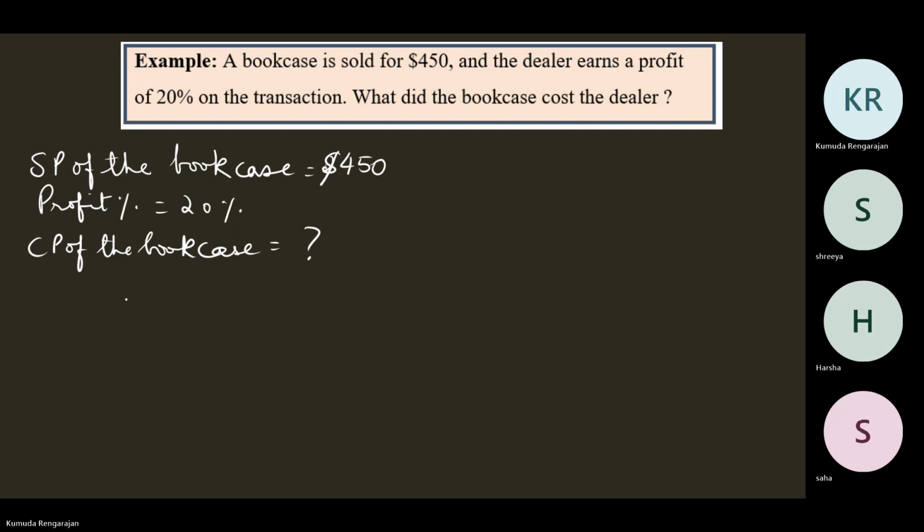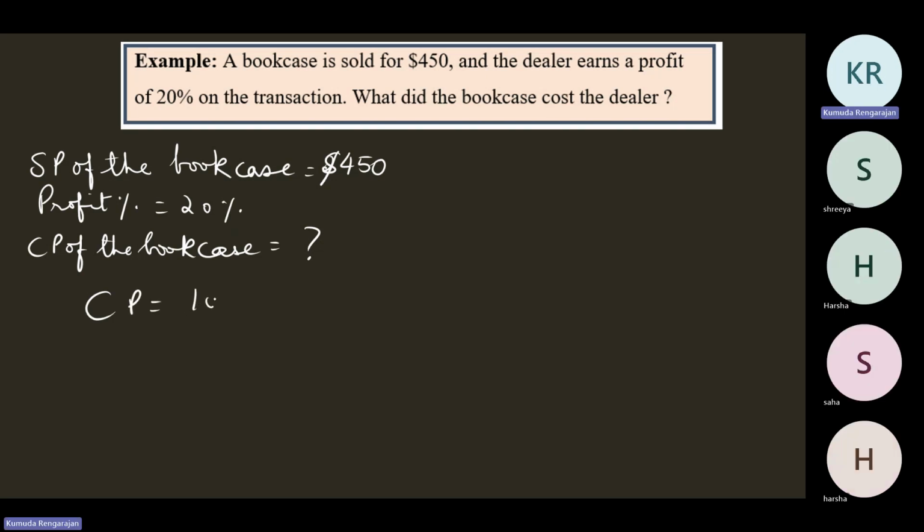So given this information, the formula to find the CP is equal to 100 by 100 plus profit percent into SP.